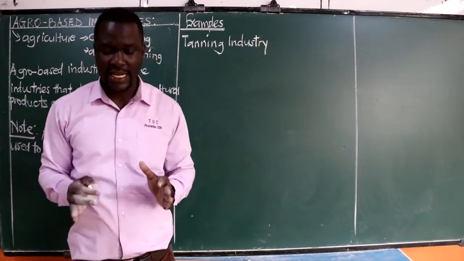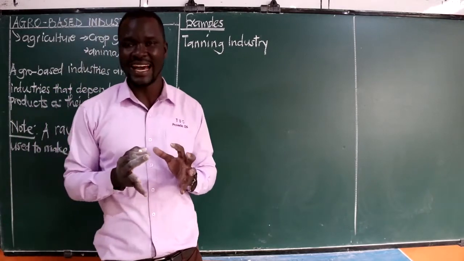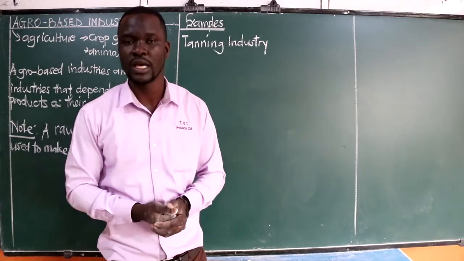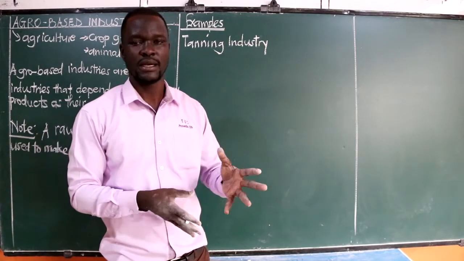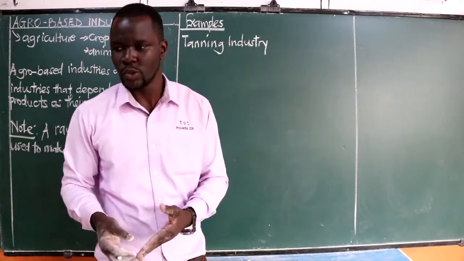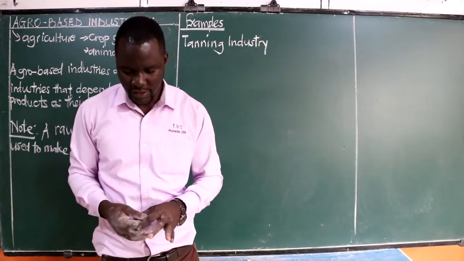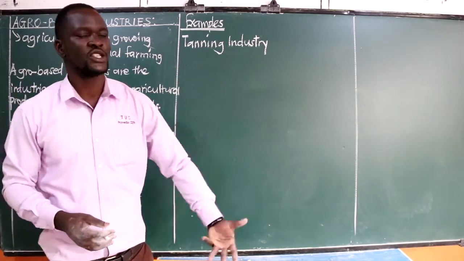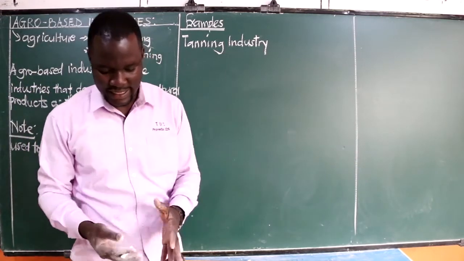We are saying that the tanning industry is where leather is turned into finished products or finished goods, which can be used for making other products like belts, shoes, bags, and so on. Those are the ones we call the leather products. So that industry is what we call the tanning industry.